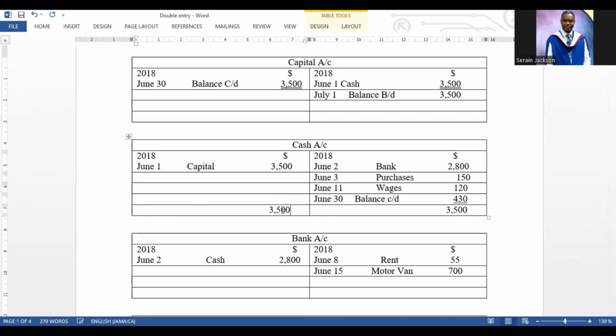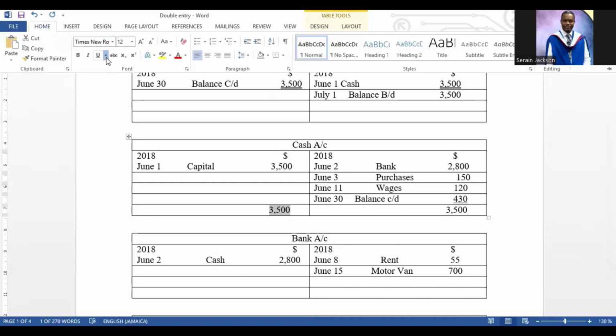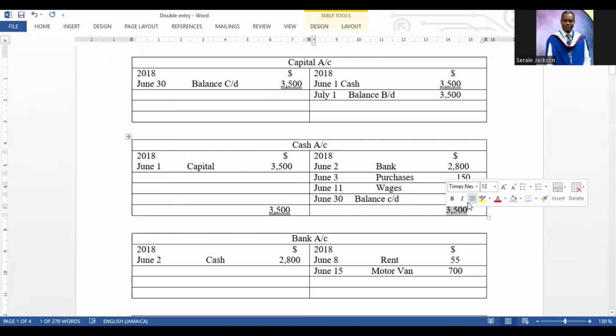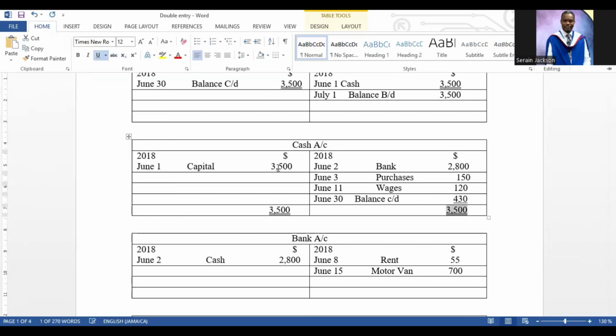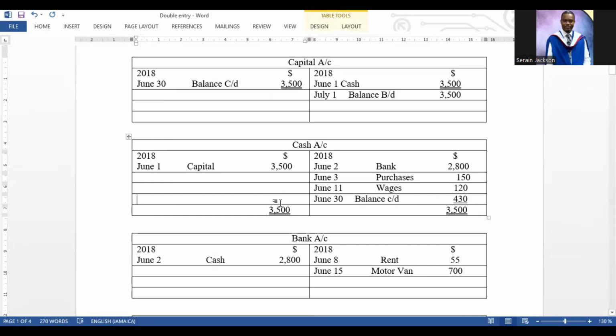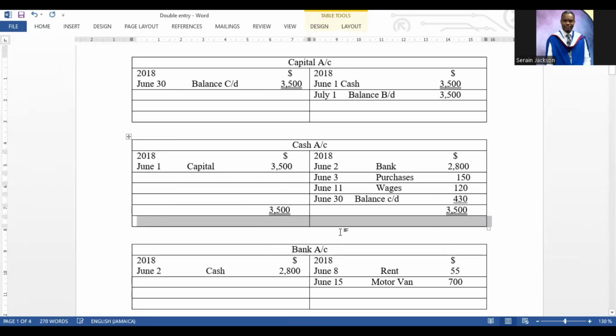You should always go out of your way to ensure that the totals are in the same line. It is very important that your totals are in the same line. So you would have realized that I skipped some lines, 1, 2, 3 on the debit side, just to ensure that my totals are in the same line. That is the fourth step.